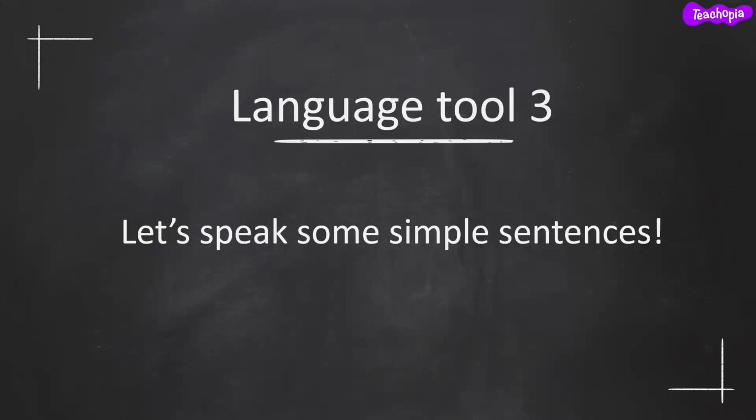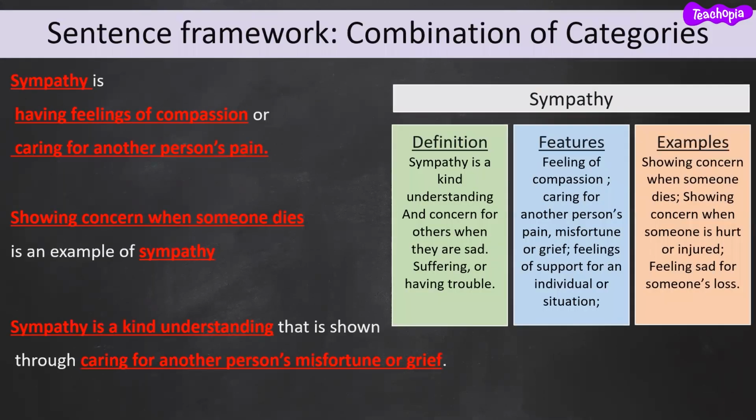Finally, language tool number 3, let's speak some simple sentences. Here we have, as Maria ma'am showed us, a combination of categories. We have made simple sentences by using 2 or more categories. So here on the left-hand side you can see sentences. Those sentences are made by taking words and phrases from 2 or more categories.